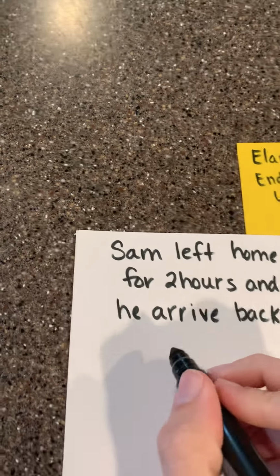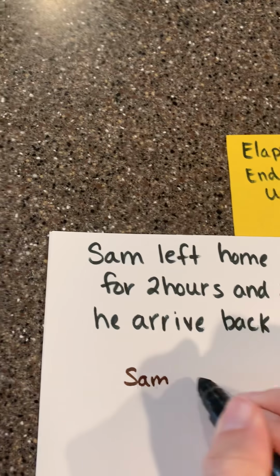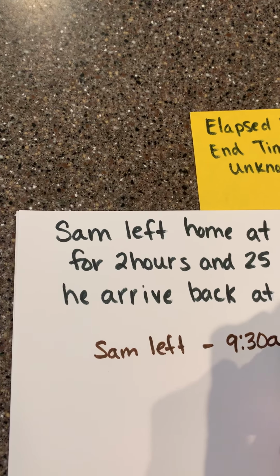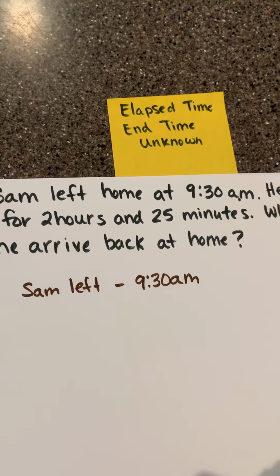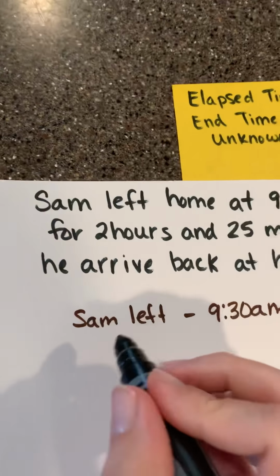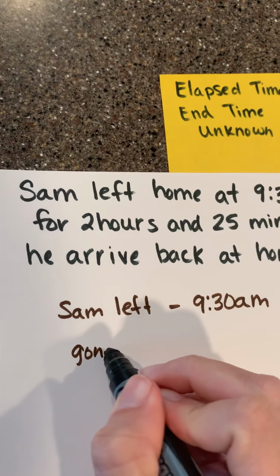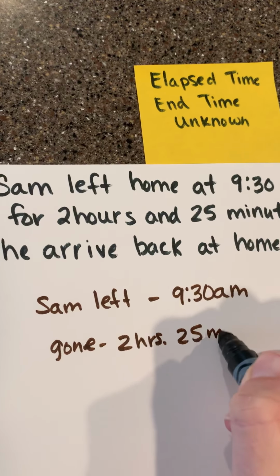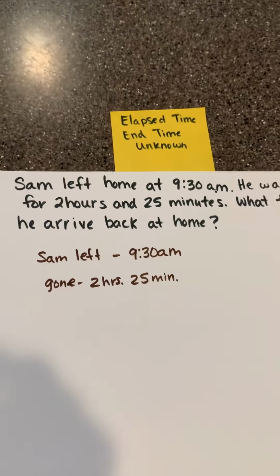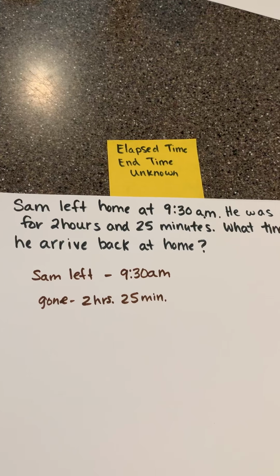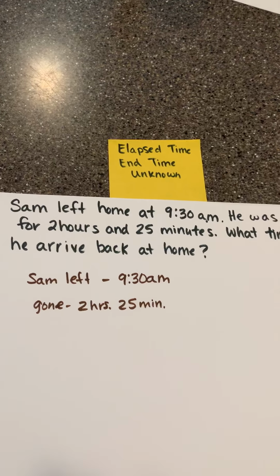So I have Sam, and I know that Sam left at 9:30 a.m. That's one of my numbers. It says that he was gone for 2 hours and 25 minutes, so I'm going to put gone 2 hours, 25 minutes. So Sam was home, he left at 9:30, he was gone 2 hours and 25 minutes, and then he came home.